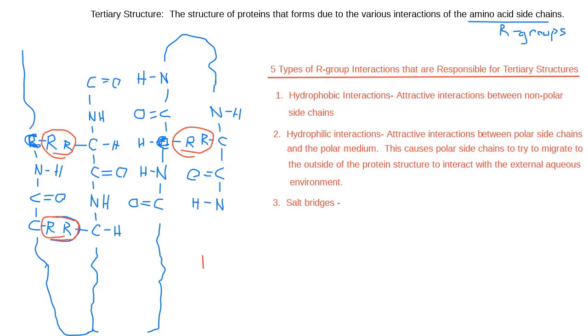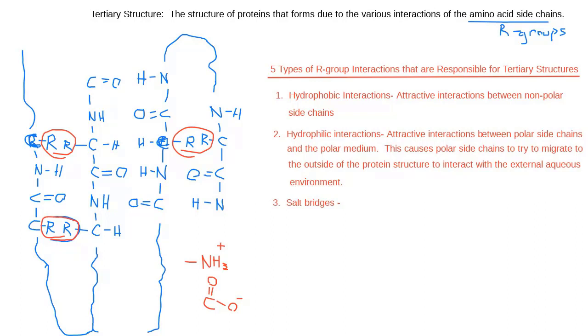If your R group has an NH3 or an NH2 plus somewhere, that's positive. And if there's another amino acid side chain like glutamic acid that has a C double bond O, single bond O minus, those positive and negative charges attract one another. And that leads to what's referred to as a salt bridge.